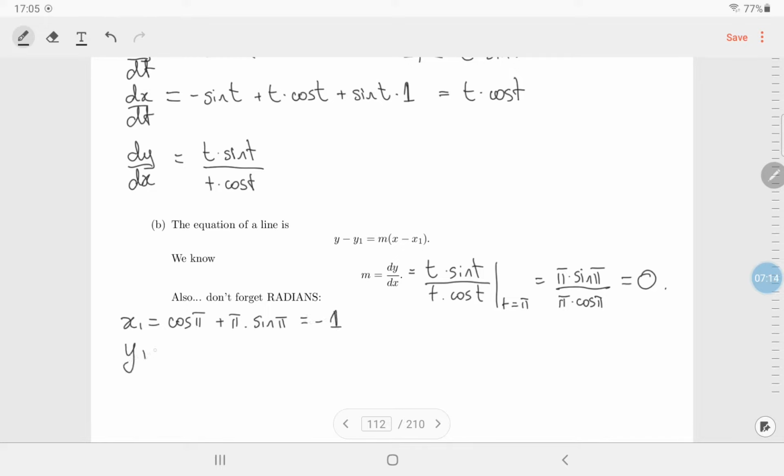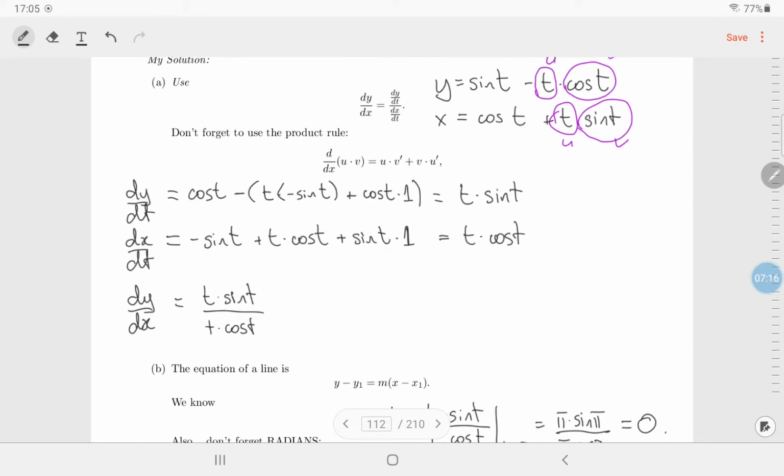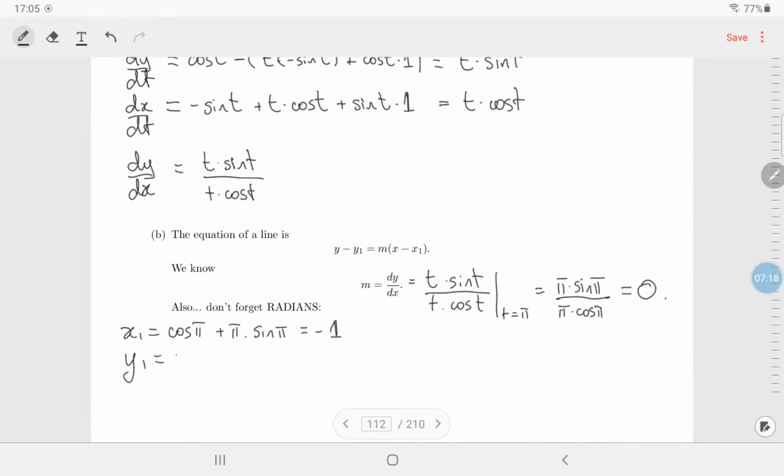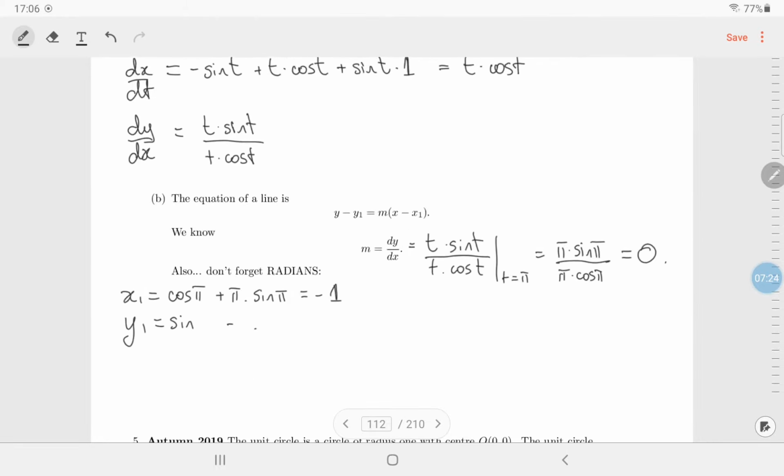And then y1, the other point on the curve, put in the t into the sine t minus t cos t. So put in pi, pi, pi, and bang that into the calculator, be in radians. Sine of pi is 0 and cos of pi is minus 1. So you have minus pi by minus 1, giving you plus pi.